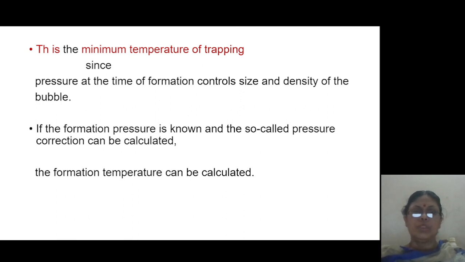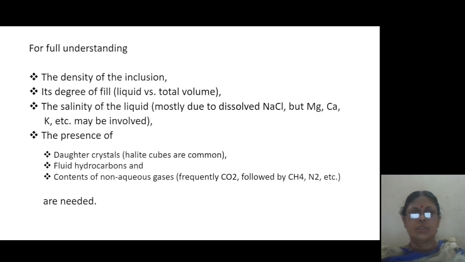So we need to know the pressure of formation. That we can get from other investigations, maybe geobarometry, and then the pressure is known, and then calculation is done after corrections, so that we know the formation temperature.